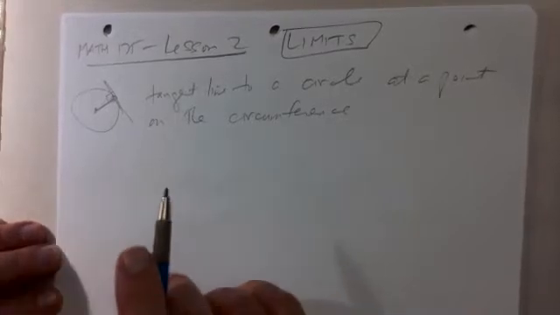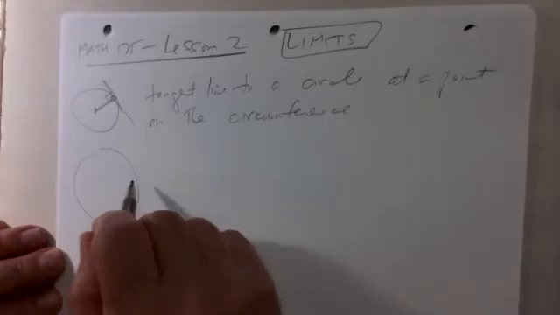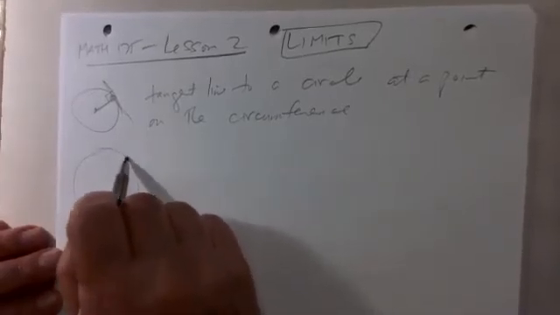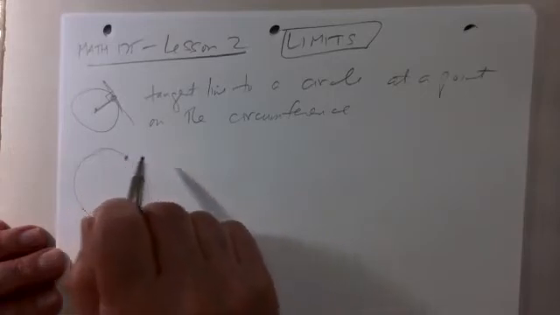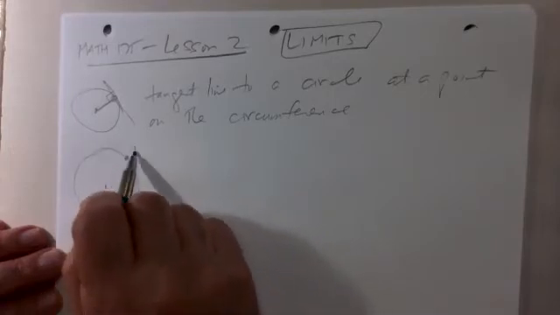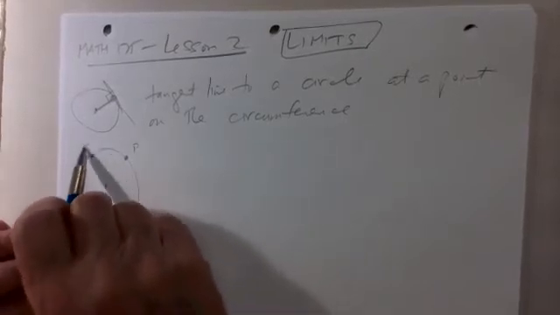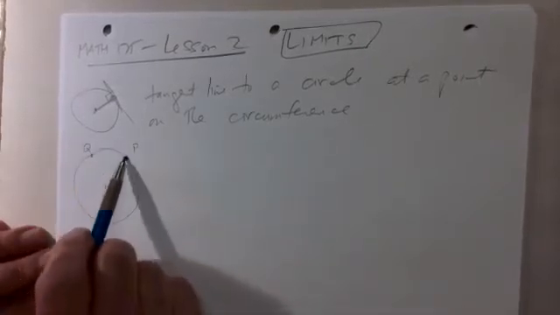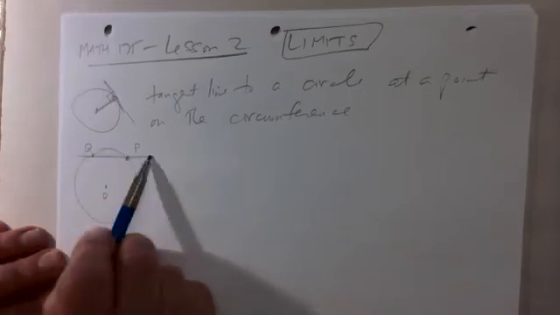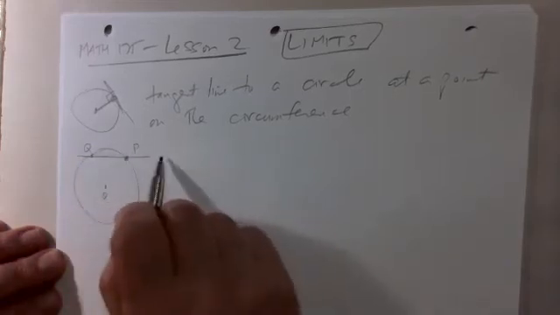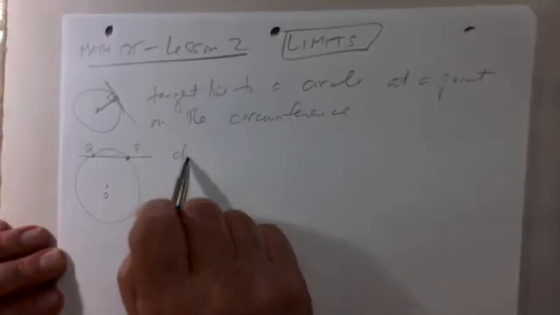But one way to get the tangent line is as follows. If you take your circle, let's say you want the tangent line at this point. Here's some point P, this is the center. You might take another point on the circle different from P, call it Q, and draw the line from Q to P. So that's what is called a chord.